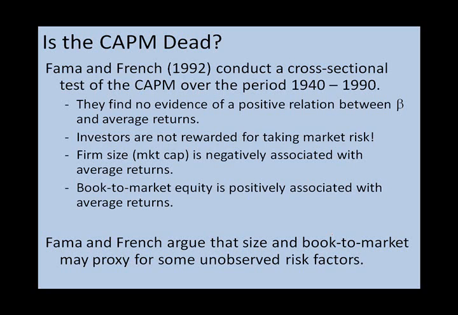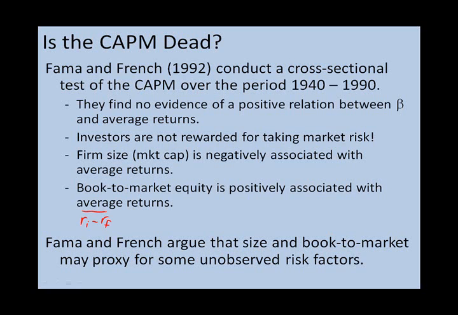What's more, Fama and French found that firm size and book-to-market equity ratios could explain average returns. Firm size was negatively related to average returns, while book-to-market equity ratios were positively related to average returns. How did they test this? Well, they ran a regression. And their regression was very similar to the CAPM regression, but it had a slight addition.